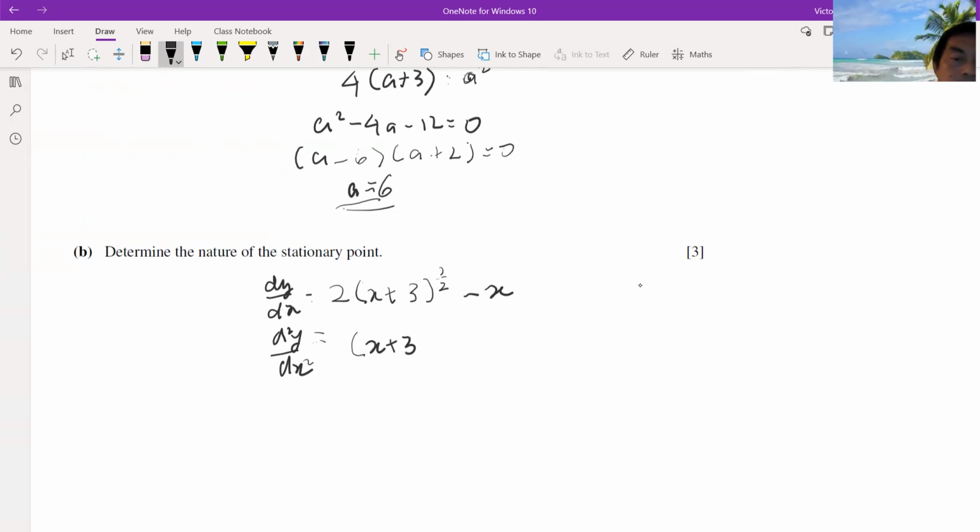Then you take away the power by 1, which is minus half. Differentiating 2x + 3 gives 2, so you don't need to do anything. So this is the second differential.